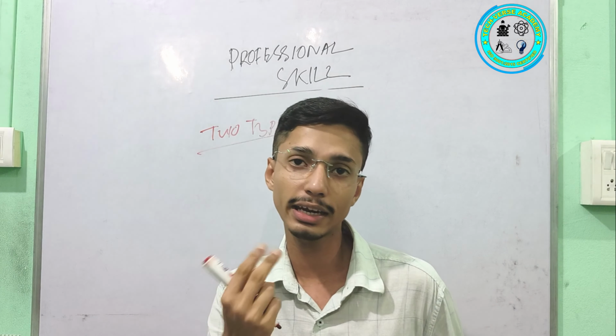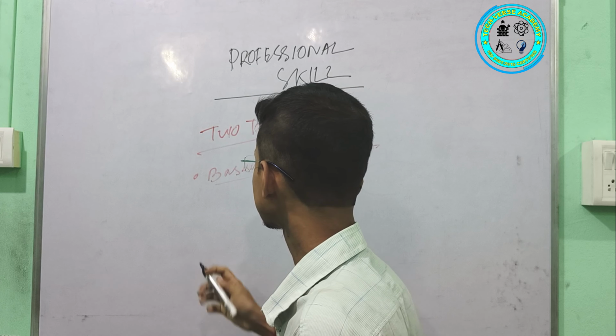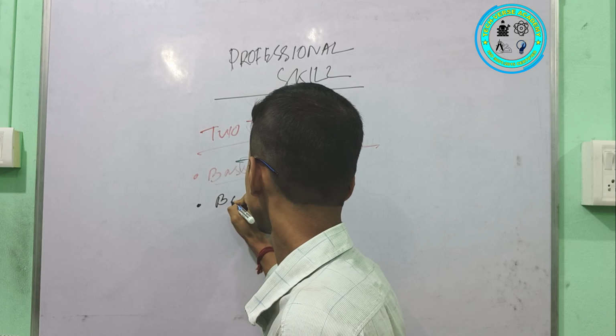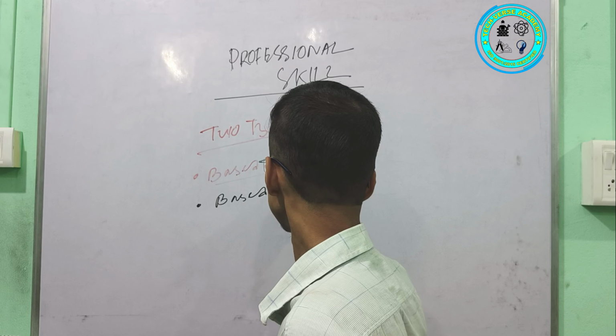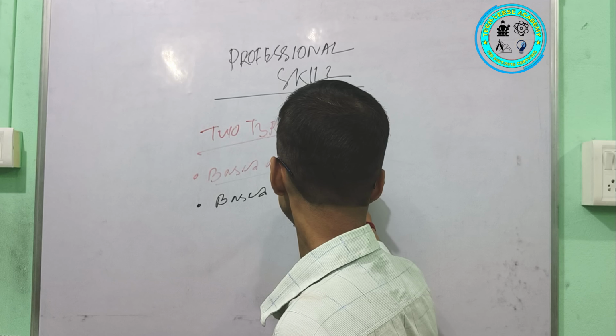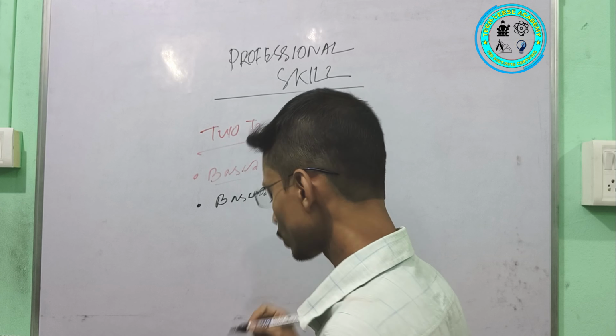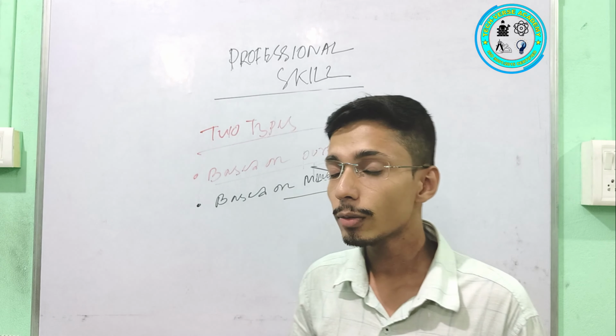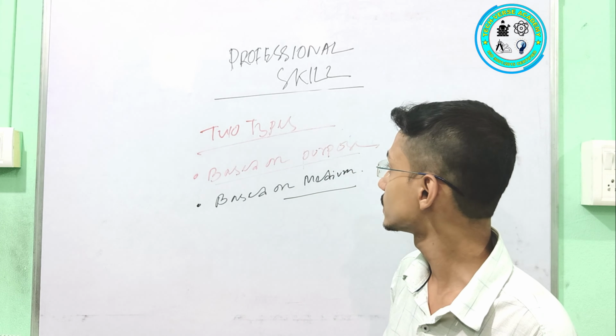The first one is based on purpose, and the second category is based on medium. Based on purpose, communication is mainly of two types: one is formal communication and the other is informal communication.